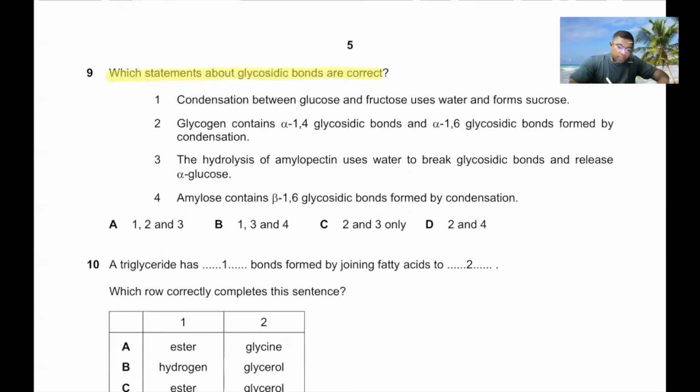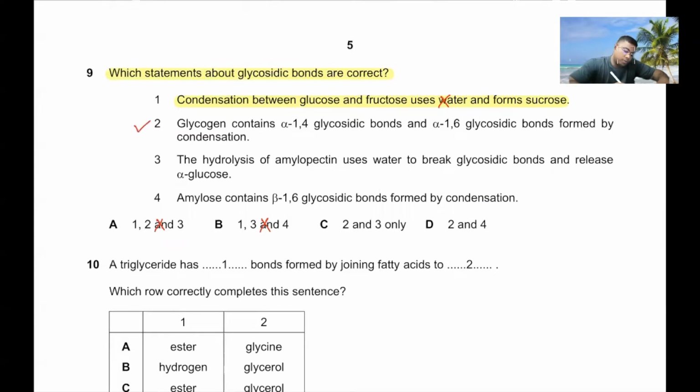Which statements about glycosidic bonds are correct? Condensation between glucose and fructose uses water and forms sucrose. Condensation reaction does not use water. Option 1 is wrong. If option 1 is wrong, then options A and B are already gone. So we have 2 and 3, and 2 and 4.